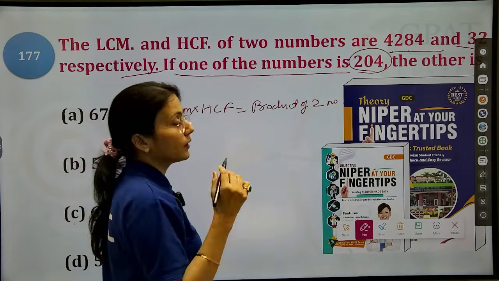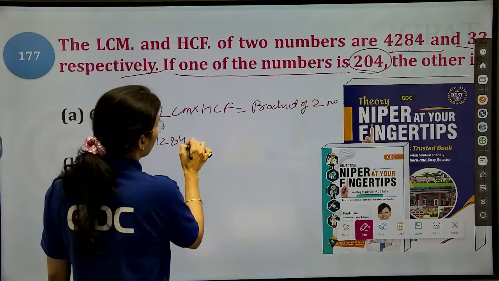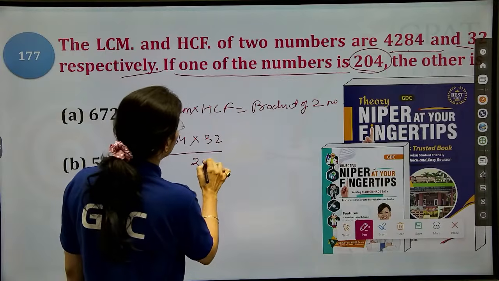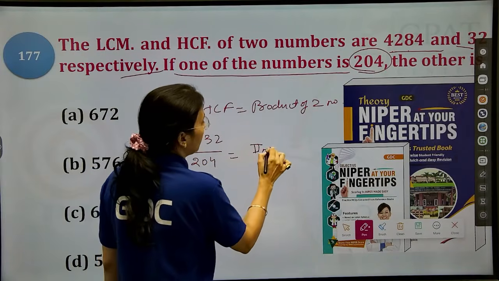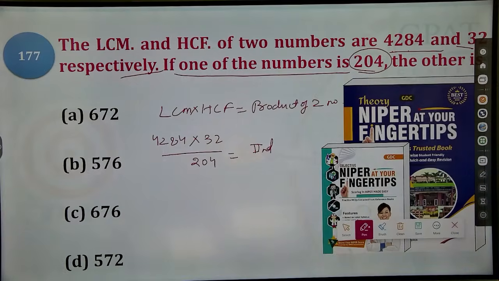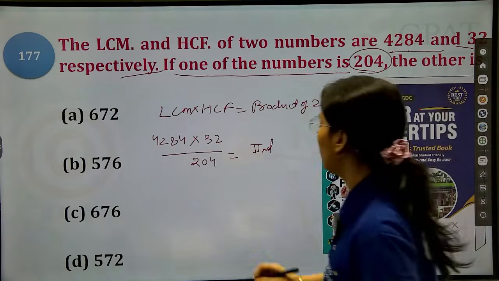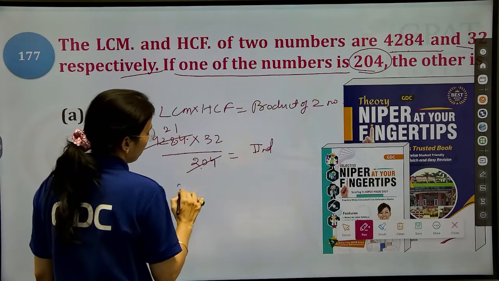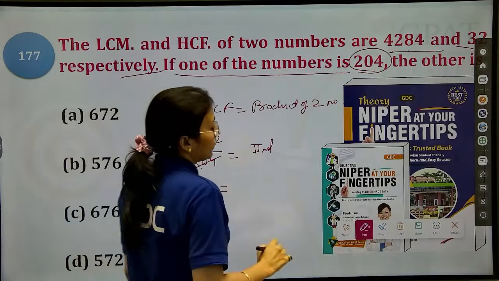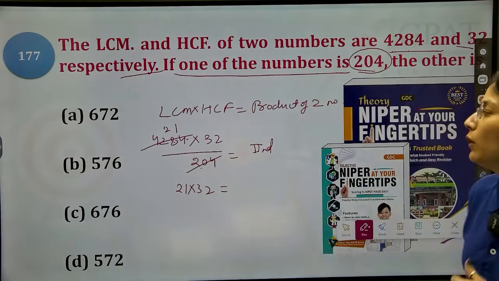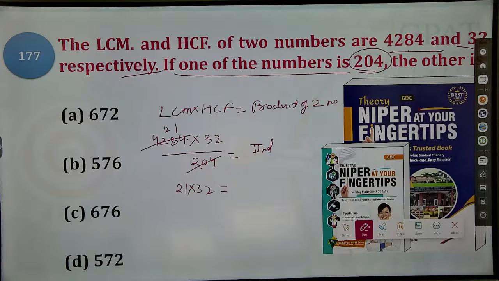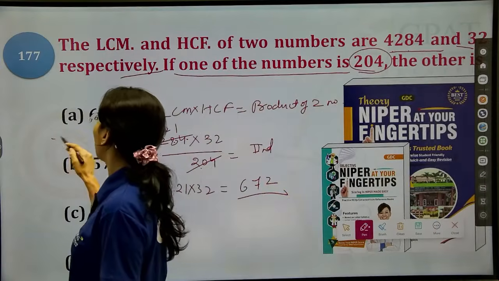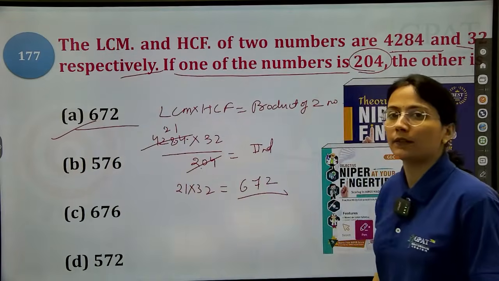So 4284 multiply 32 upon 204, we have to find the second number. 4284 divided by 204, we will get 21. Multiplying 21 and 32, we get the other number. The answer is 672, that is A.